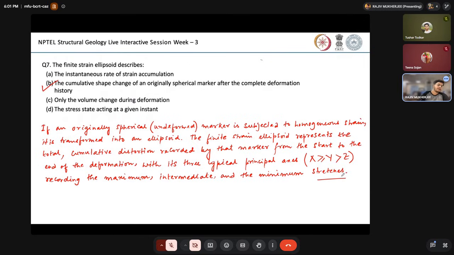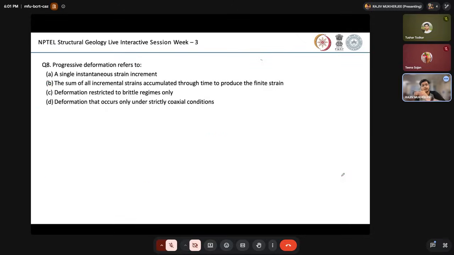Okay. So this is how we define a strain ellipsoid, rather a finite strain ellipsoid. Okay.